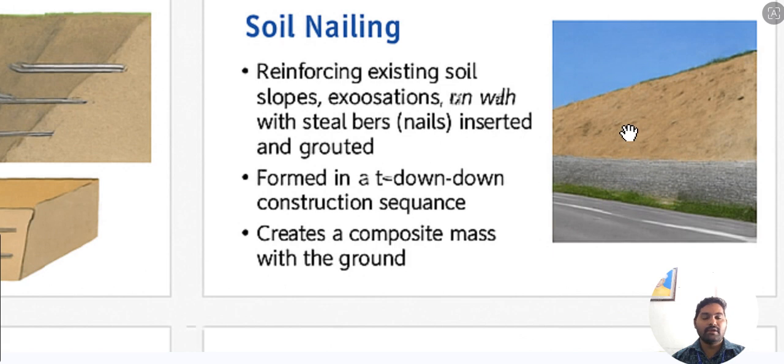I will give one practical example regarding the need for soil nailing. Recently Kerala had a lot of floods. Due to the floods, landslides took place on the sloped surfaces, and a lot of people died at that moment.